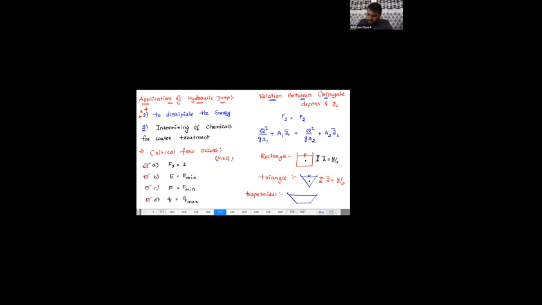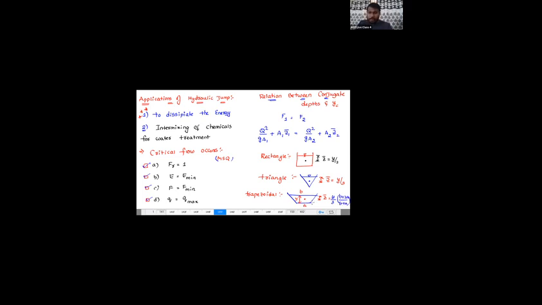If you take the trapezoidal from the free water surface, this is a and this is b, and the depth is y. So the centroid here is y by 3 into (b plus 2a) by (b plus a).